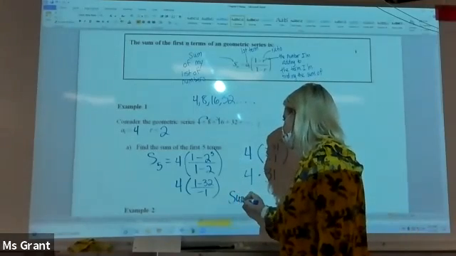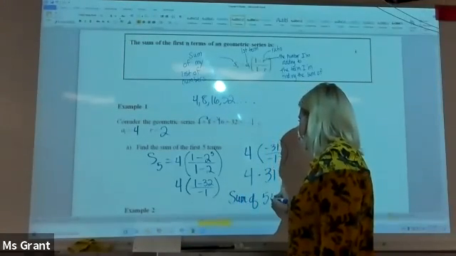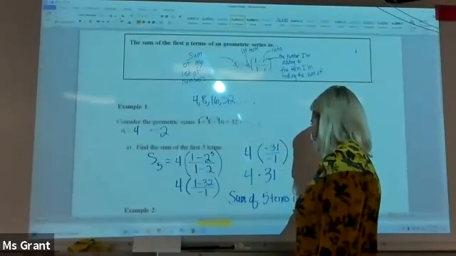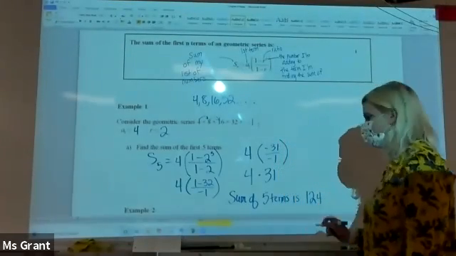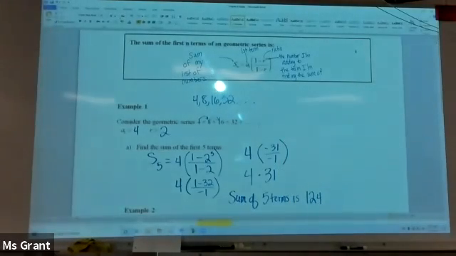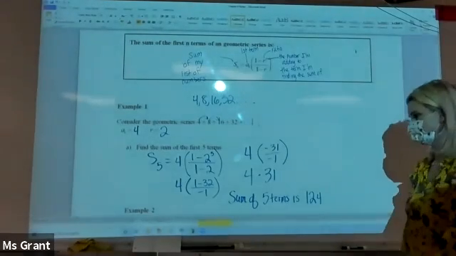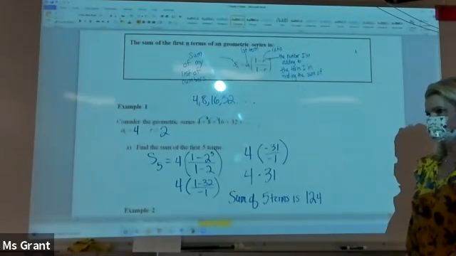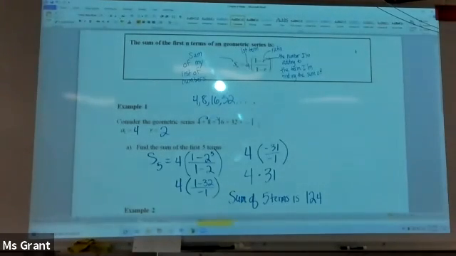The sum of the 5 terms is 124. So, do you need another second to copy that down?